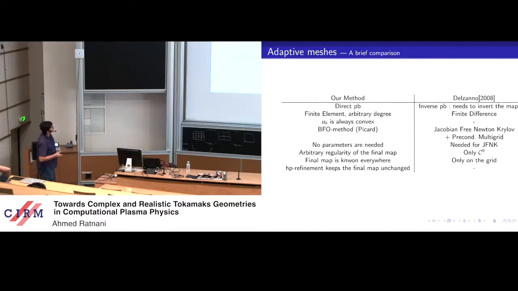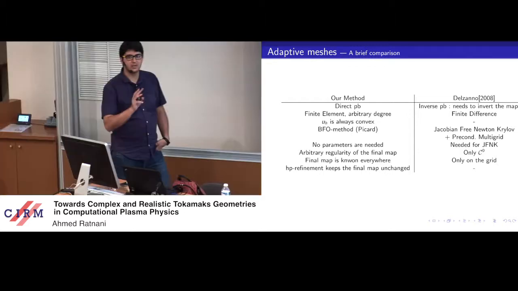I made some comparison with the work of Delzanno. So in our method, we solve the direct problem, which means that we try to find the phi such that psi is equal to the gradient of phi. In Delzanno, they solve the inverse problem. Why? Because the inverse problem is much more stable.